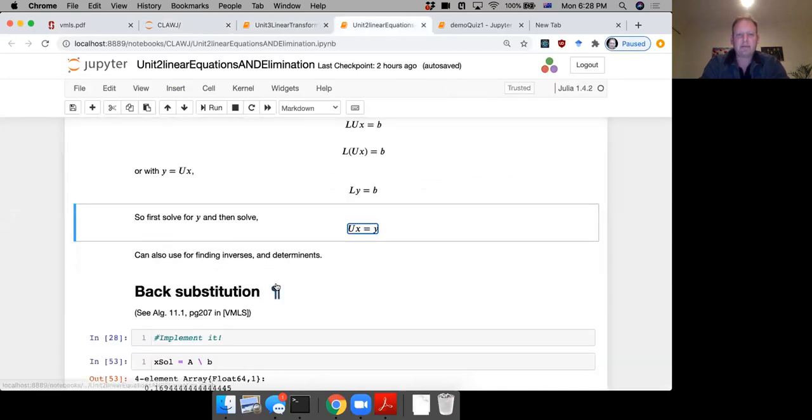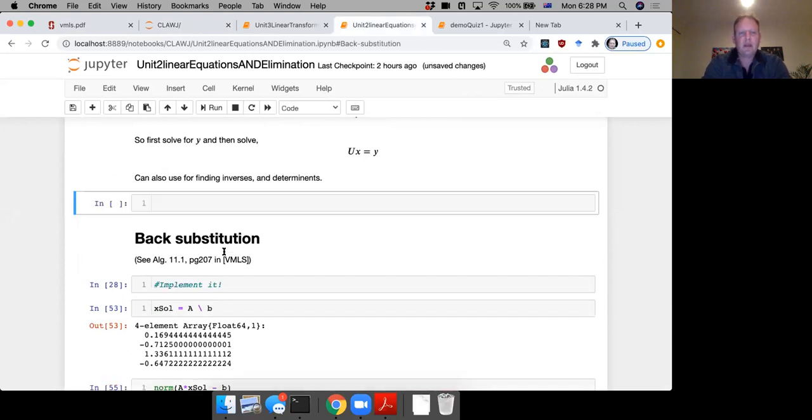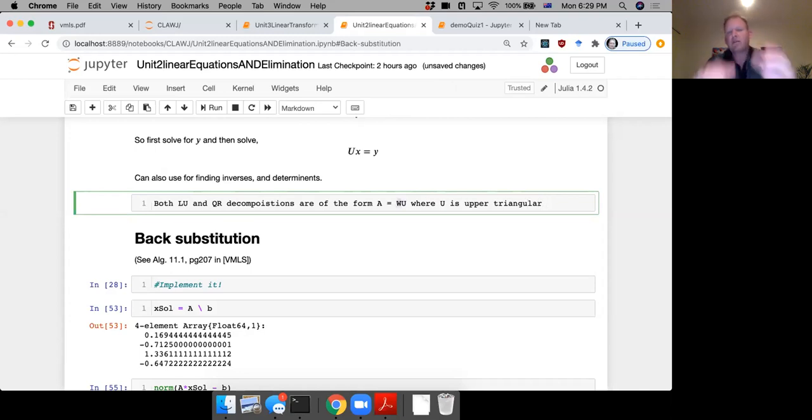Both LU and QR decompositions are of the form A equals something times an upper triangular matrix U. It's just that in QR, this something is a Q, and it's what's called an orthogonal matrix, a matrix whose columns are orthogonal to each other.